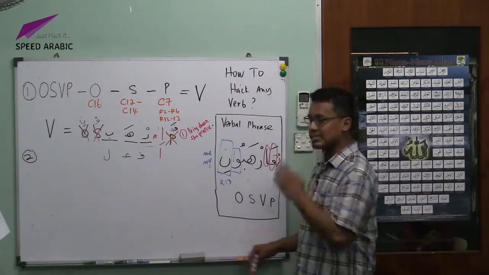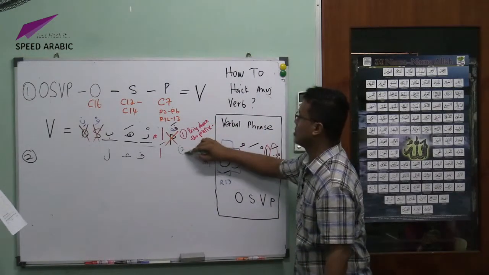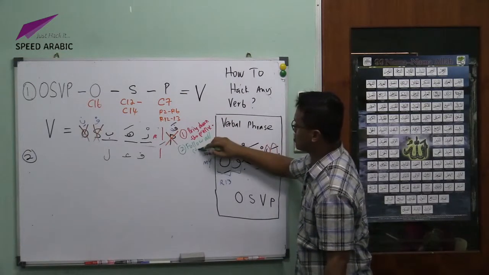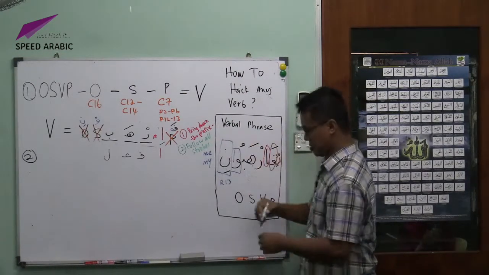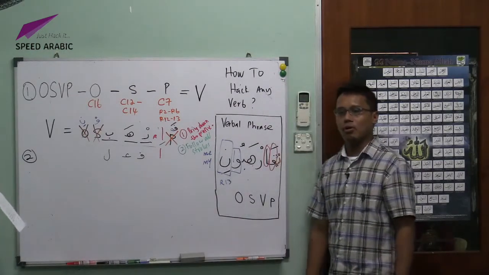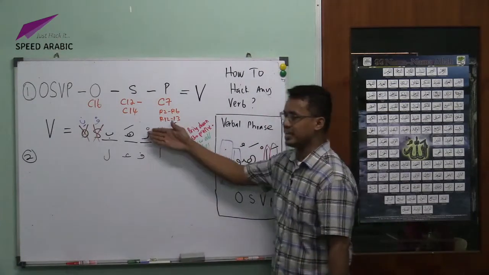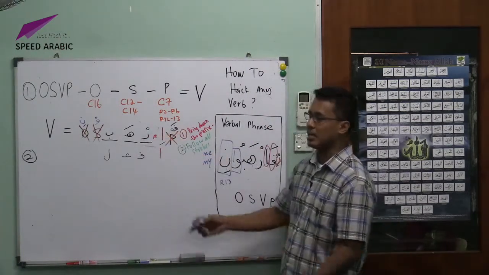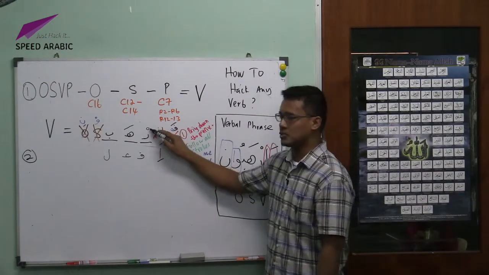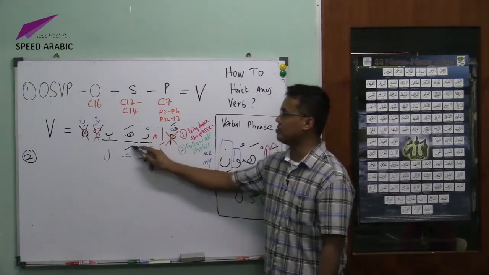Okay, step number 2, follow all strokes. Follow all strokes. What does that mean? It's just about drag and drop. Okay? Drag the kasrah down. Drag the sukun down. Drag the fathah down.